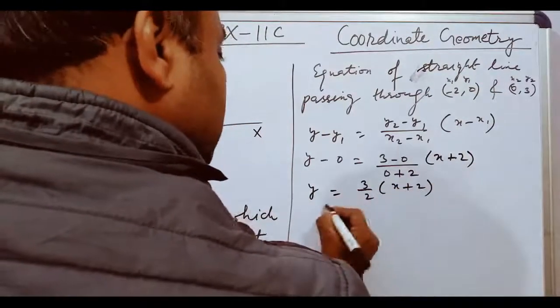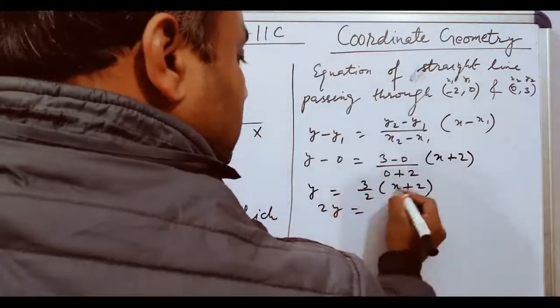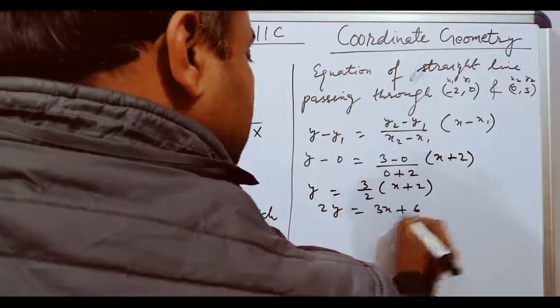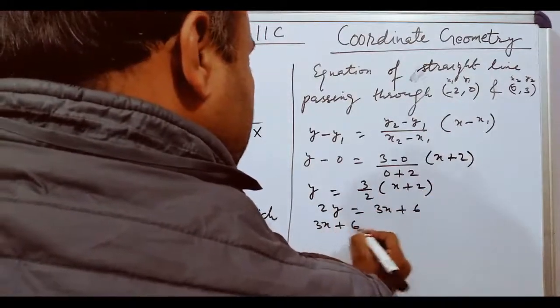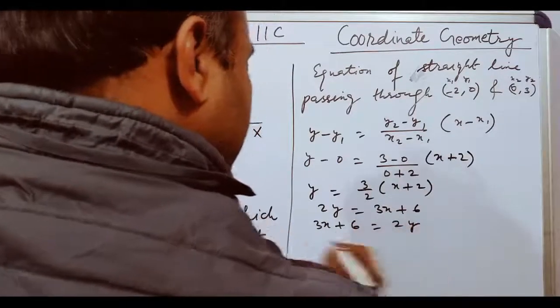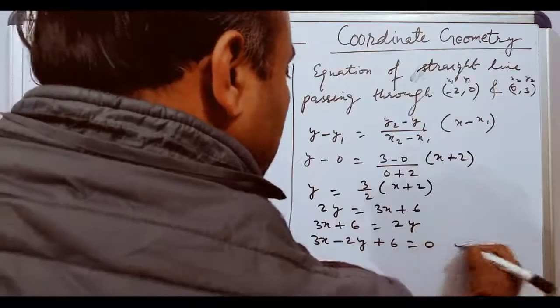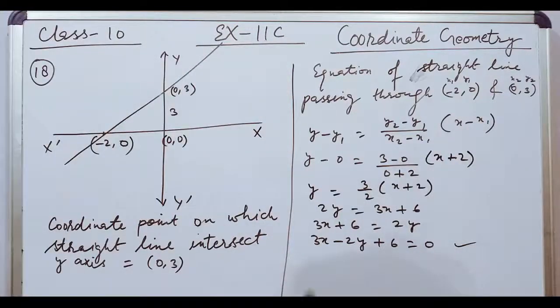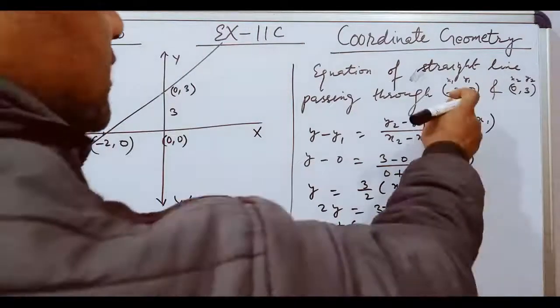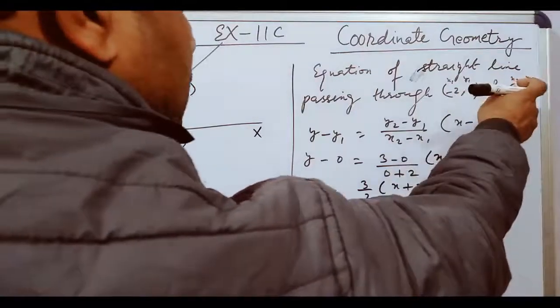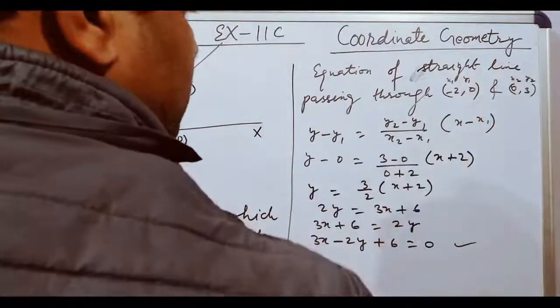Then 2y equal to 3x plus 6. So 3x minus 2y plus 6 equal to 0. This is the equation of the line passing through the 2 points (minus 2, 0) and (0, 3).